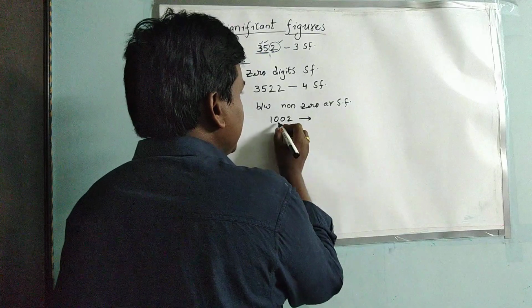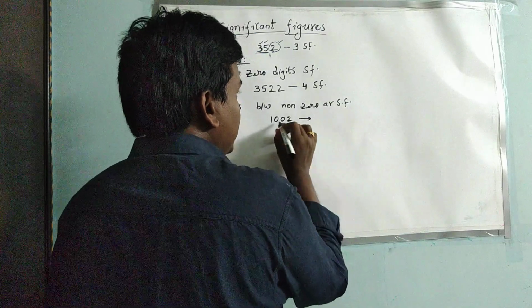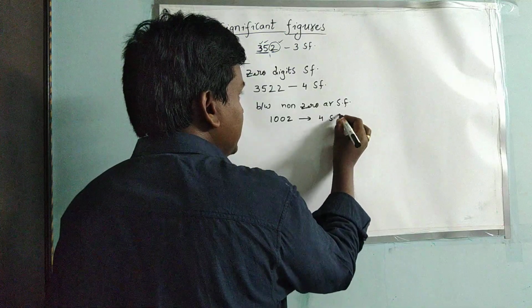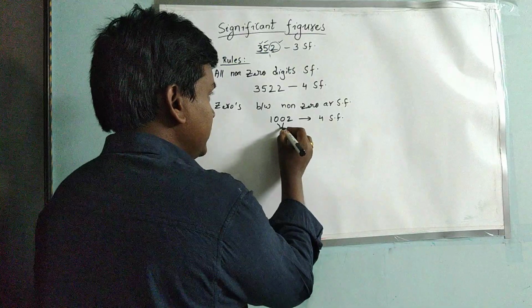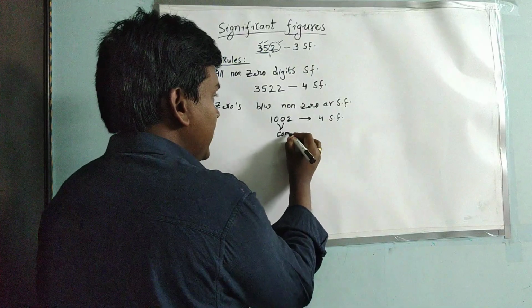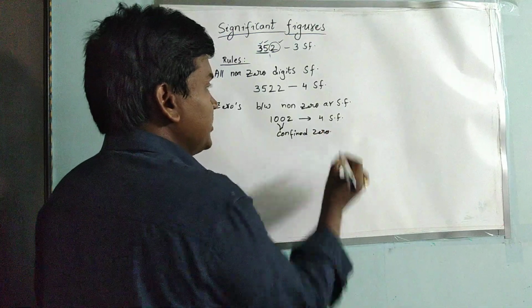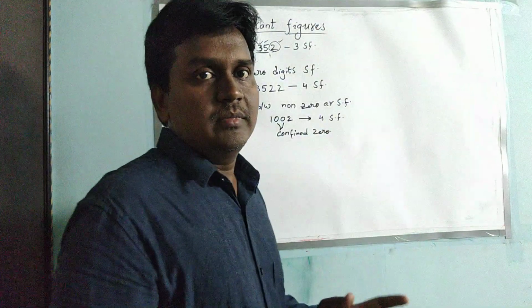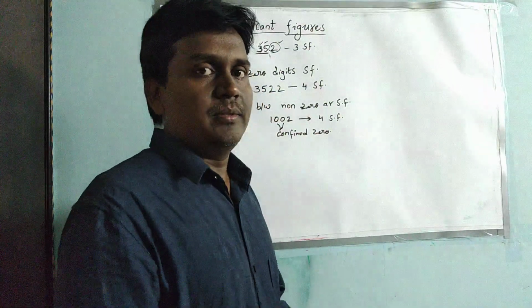So these two zeros are also significant figures. Total significant figures are 4. And these two zeros are called confined zeros. Whenever zeros are between two non-zero digits, they are considered confined zeros.